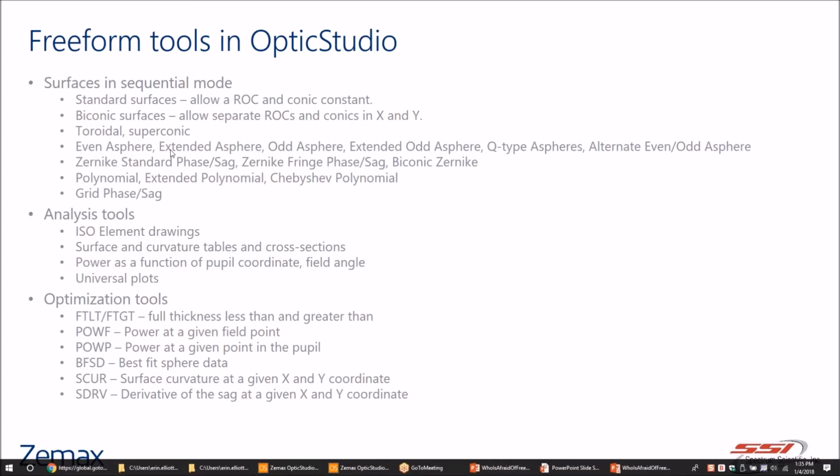We also have a wide range of aspheres, even and extended aspheres, Q-type aspheres, some Zernike surfaces in both phase and sag, and a biconic Zernike, which again separates the surface shapes in X and Y. Polynomials and extended polynomials, a Chebyshev polynomial, and a grid phase and sag surface, which take in arrays of data.